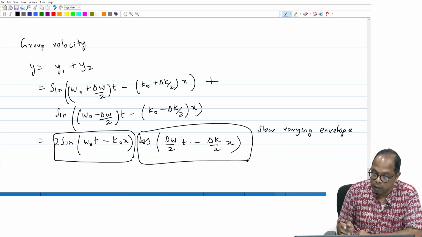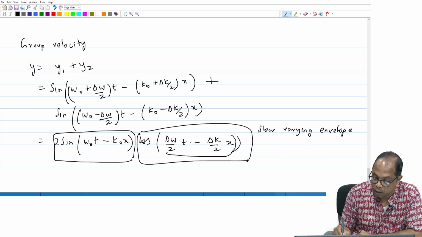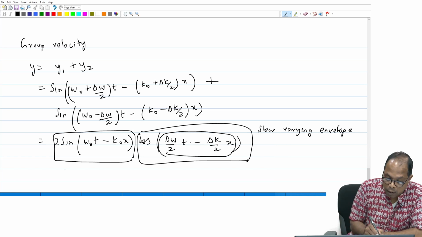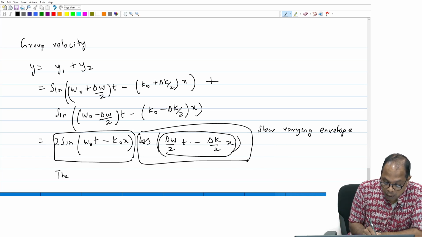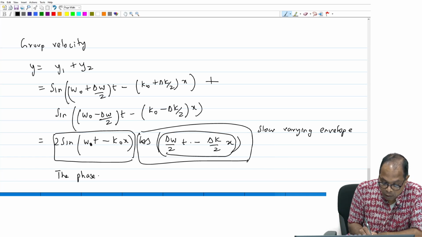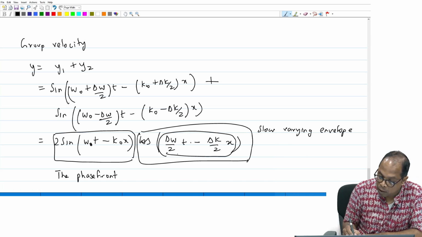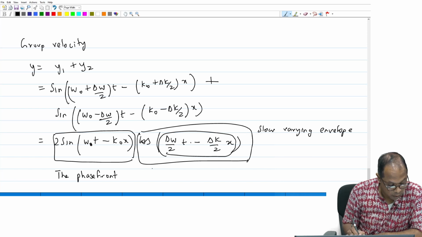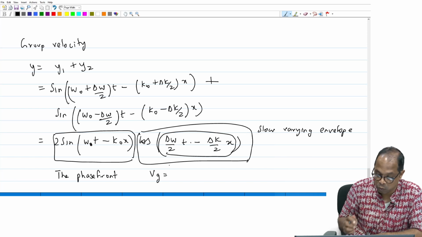Now, if you look at the phase of the envelope and use that for your phase front calculation, that is going to travel at a rate I'm going to call Vg, because it is the group of waves, two waves here.